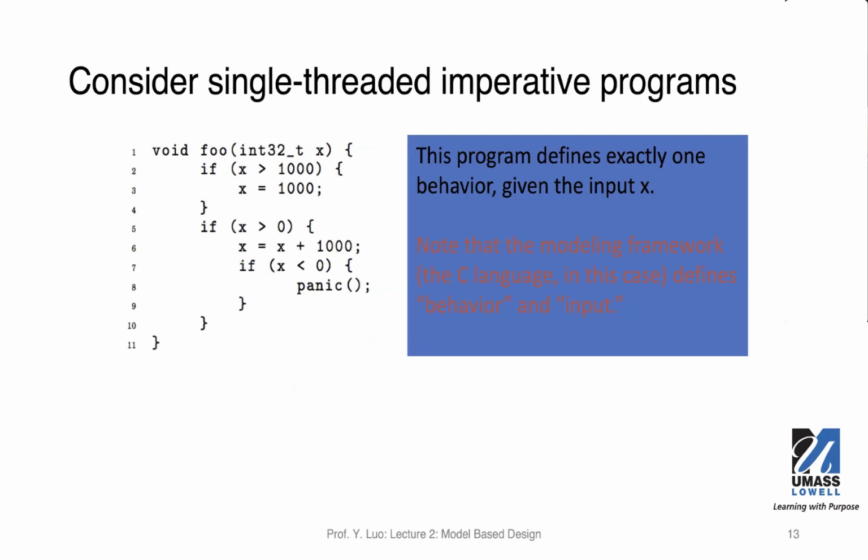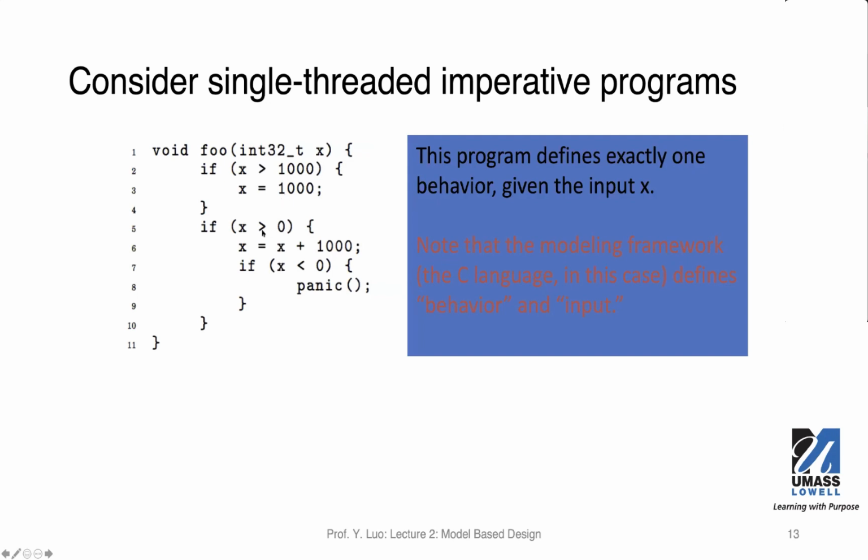This shows a little bit more about what I just said, the single-threaded program. This program defines exactly one behavior given an input x. Based on the value of x, if it is greater than 1,000, it will become 1,000.